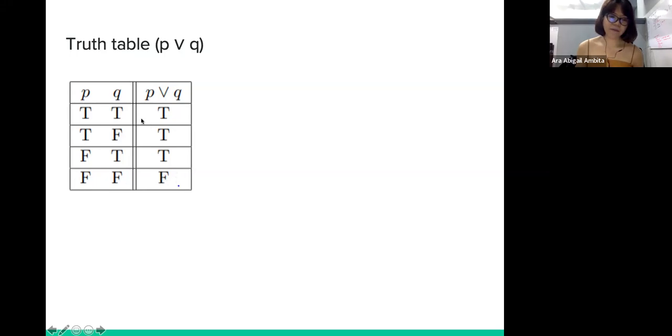So as you can see, if P and Q are both true, then it will be true. If P is true and Q is false, P or Q will be true. If P is false and Q is true, P or Q will be true. And lastly, it is false because P and Q are both false.